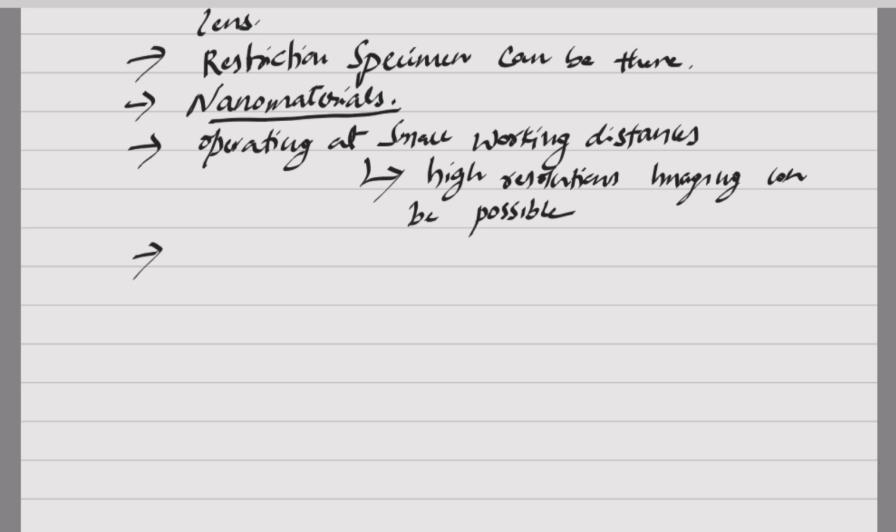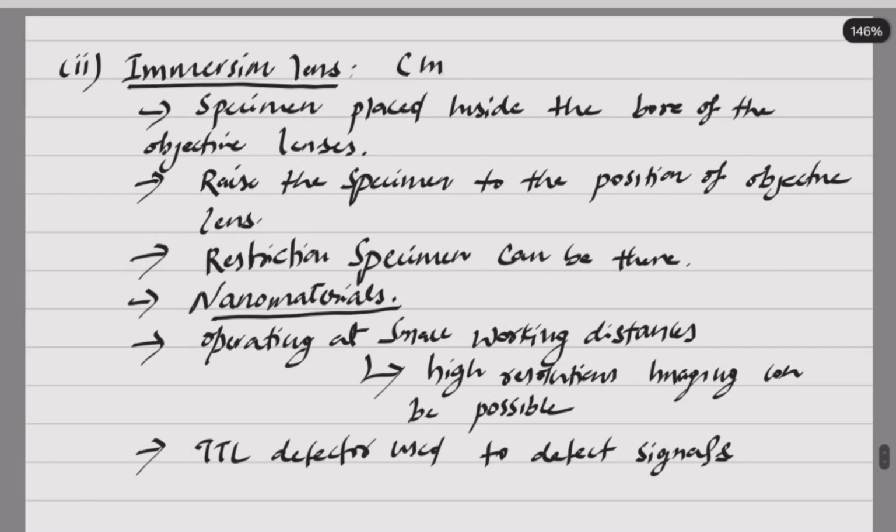As the specimen is placed inside, we need to detect the scattered signals, so a TTL detector is used to detect the signals, and the highest image resolution is possible. This type of lens is also called an in-lens objective lens.